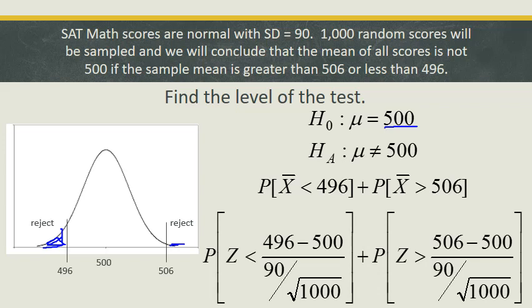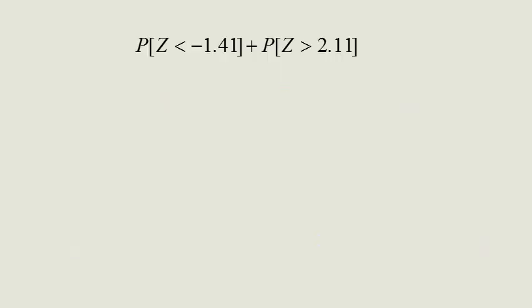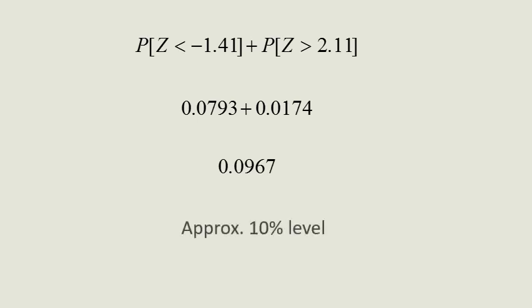Just be careful that when you subtract the mean to find z, you remember that we are assuming that the mean is 500 in the null hypothesis. So we get these two z values. If you look them up in your z table, then you'll see that the areas add up to 0.0967, or approximately 10% level.